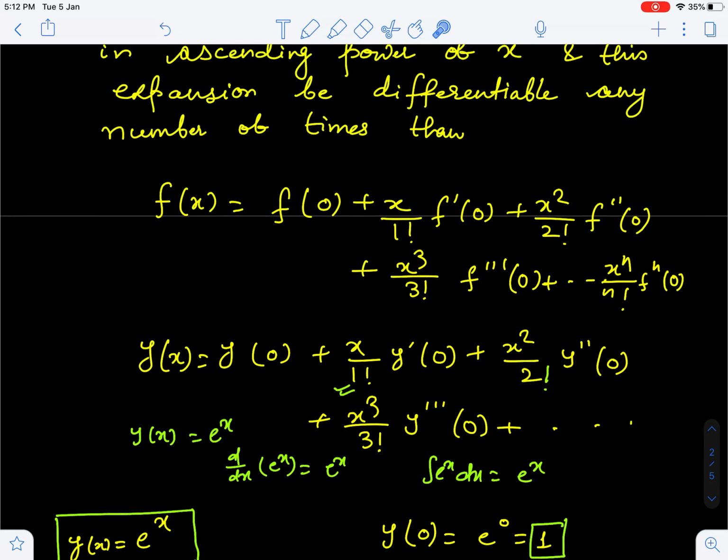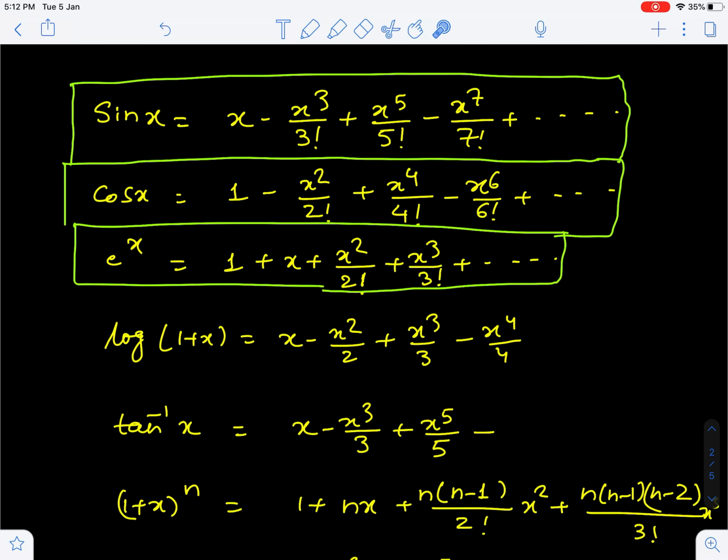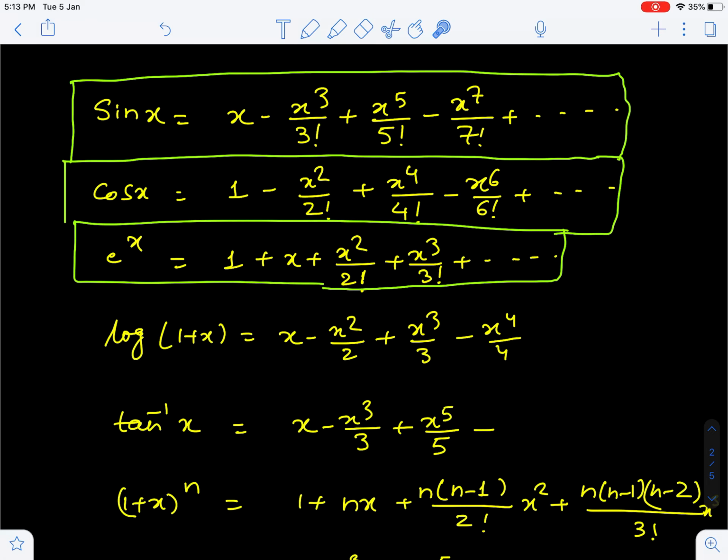So you can see that I have written earlier, guys, this series of sine and cosine: sin x is equal to x minus x cube by 3 factorial plus x to the power 5 by 5 factorial and so on, and cos x is equal to 1 minus x square by 2 factorial plus x to the power 4 by 4 factorial minus and so on.